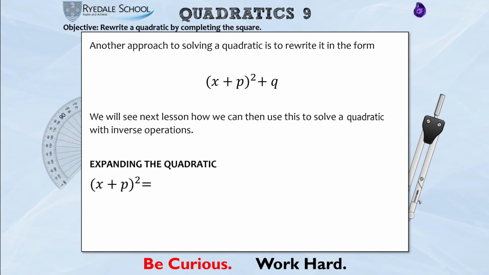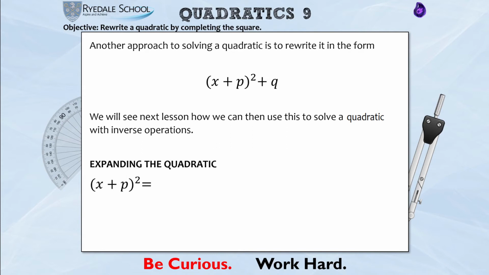Our title is Quadratics 9, and our objective for today is to rewrite a quadratic by completing the square. Now, completing the square is just a fancy name given to writing the quadratic in a different way. It's called completing the square because the way that your algebra will look when it's finished involves a square.